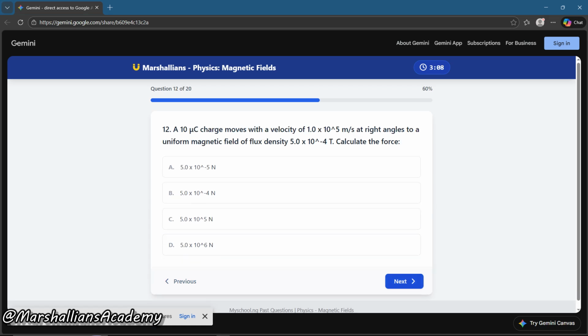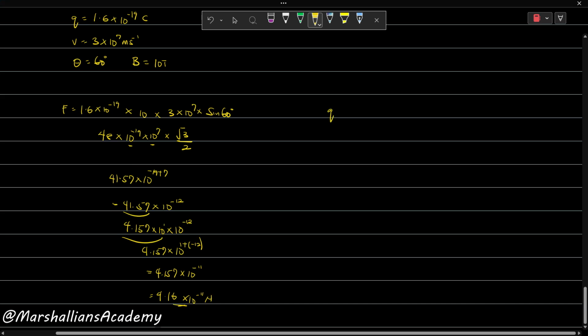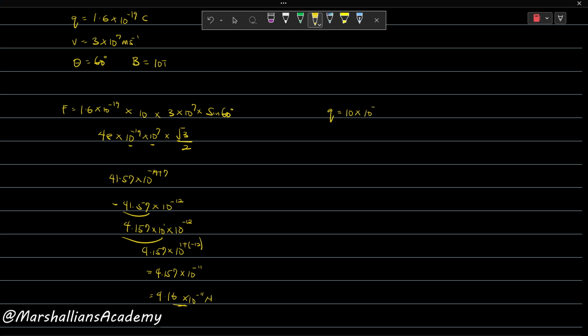So what's the next question? A 10 microcoulomb point charge moves with a velocity of and so on. We're also told to calculate the Lorentz force here. So we are given the quantity of charge to be 10 microcoulombs, that's 10 times 10 to the negative 6 coulombs.